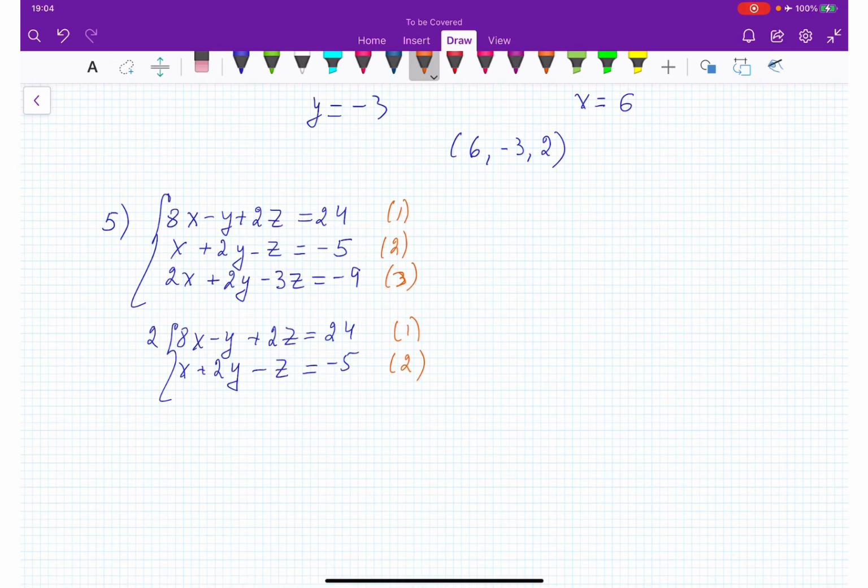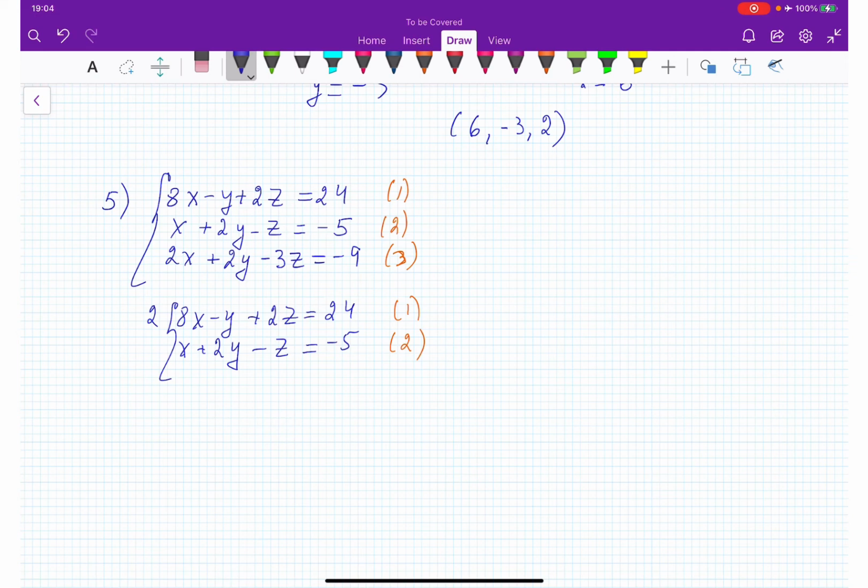And what do we get? We multiply by 2 here, here, here. So 2 times 8 is going to be 16x minus 2y plus 4z equal to 48. Second, x plus 2y minus z equal to negative 5.